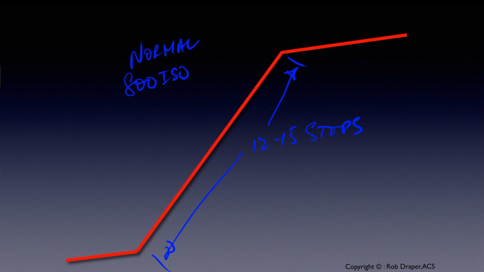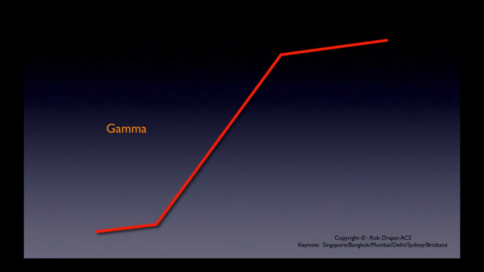Where those two breaks occur, at the top is the knee point and at the bottom is the black point. And we can see that down the bottom are all the blacks and up the top are all the highlights. So as we go up the curve, we're going from black down at the bottom up to white at the top.